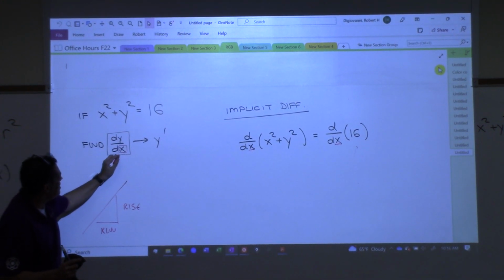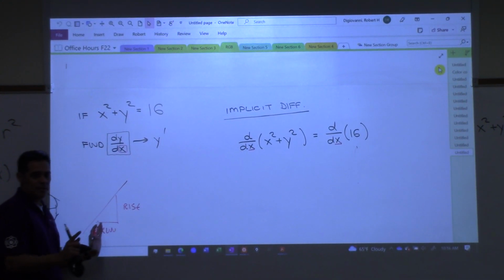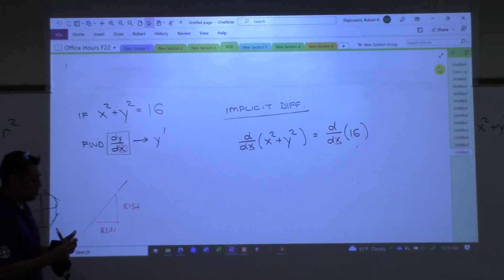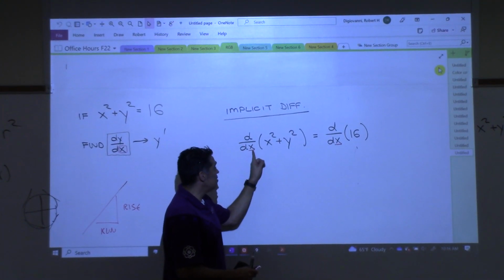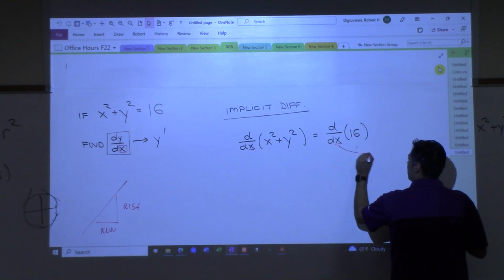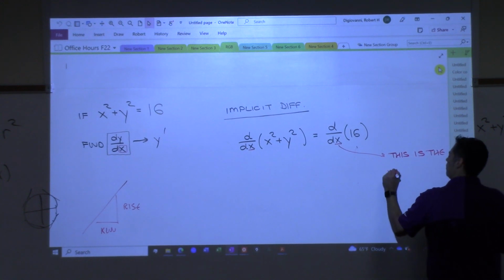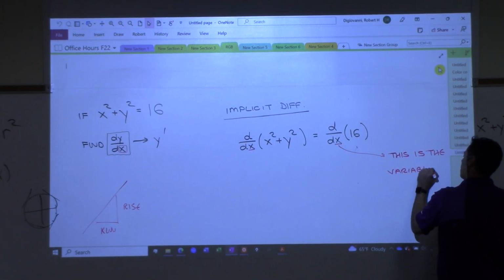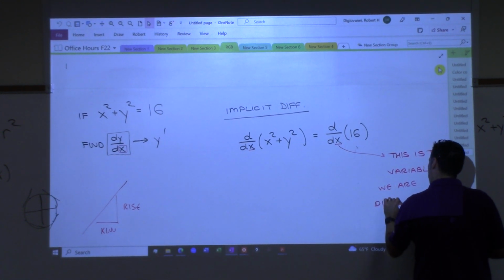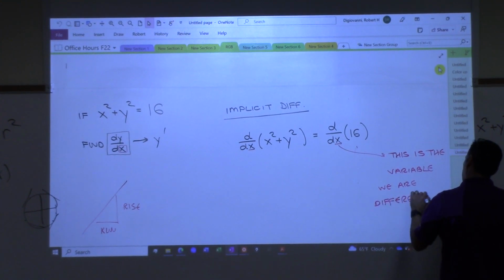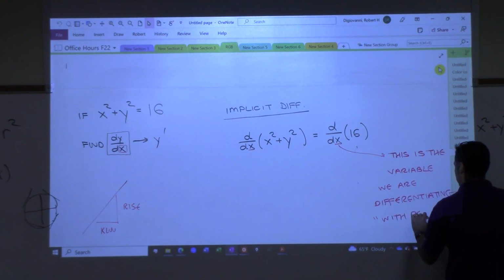So this dx down here is just letting you know that the x is the one that's changing from left to right. It's just keeping track of the variable, which is why I'm differentiating over here with respect to x. Whatever variable is down here, this is the variable we are differentiating with respect to.